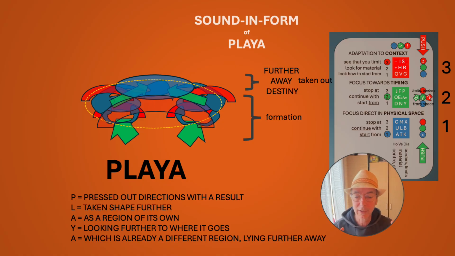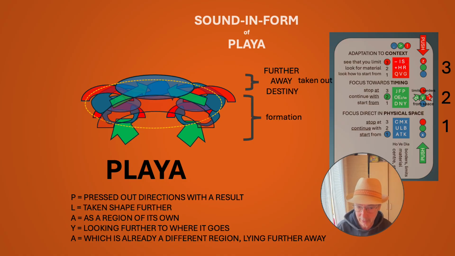So how far will it be able to go? It's almost going to a different region already. It is lying further away. That can be associated very easily with a destiny. It has almost a further away destiny. So if you would like to associate a ya from there, that's what it should be. That further away destiny that can be taken out.